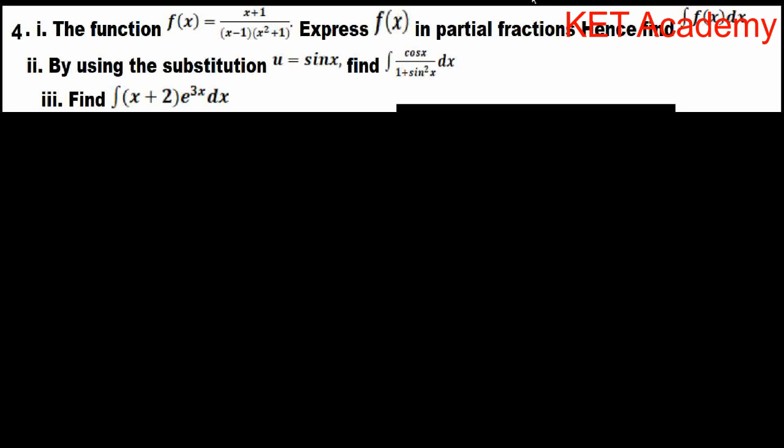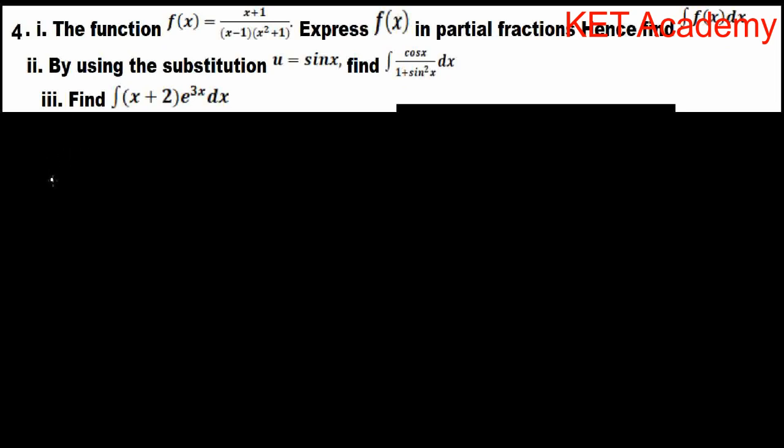Now question 4 sub 2 says, by using the substitution u equals sine x, find the integral of cos x divided by 1 plus sine squared x dx. The question here has already simplified our work by giving us the substitution.